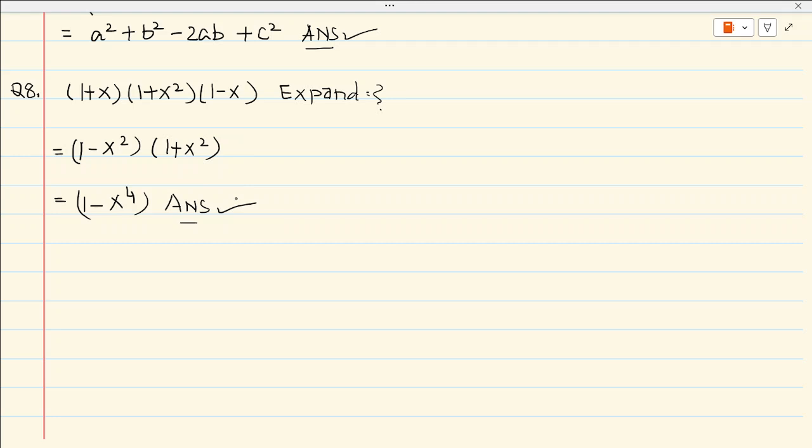So there are more questions on expansion and using the formula, like suppose, what is the expansion of x plus 1 upon x?